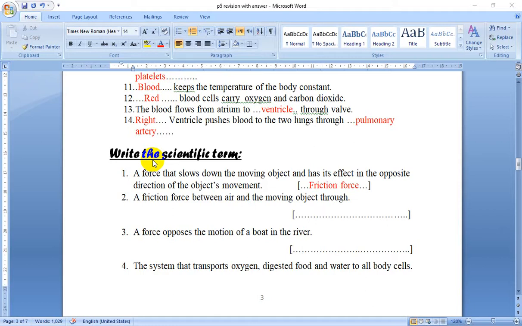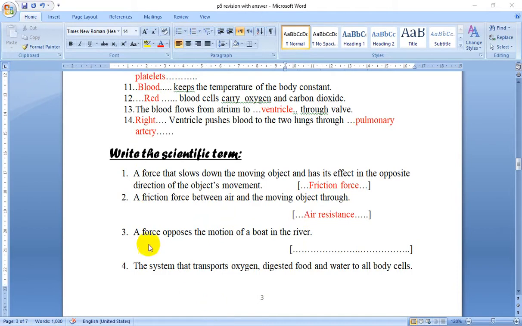Between two objects, friction force. Between water and object, this is water resistance. So a friction force between air and moving objects is air resistance.